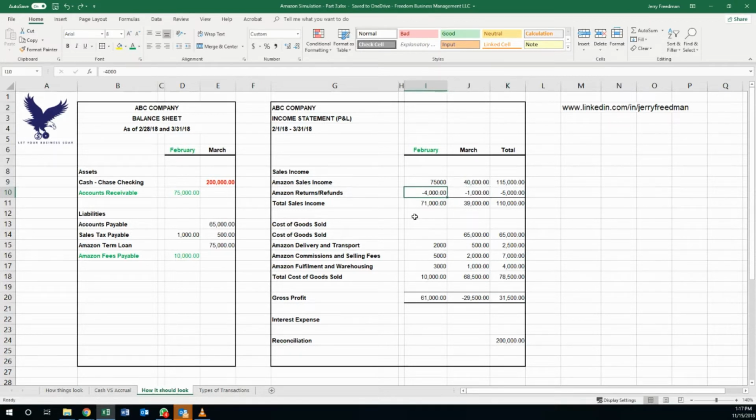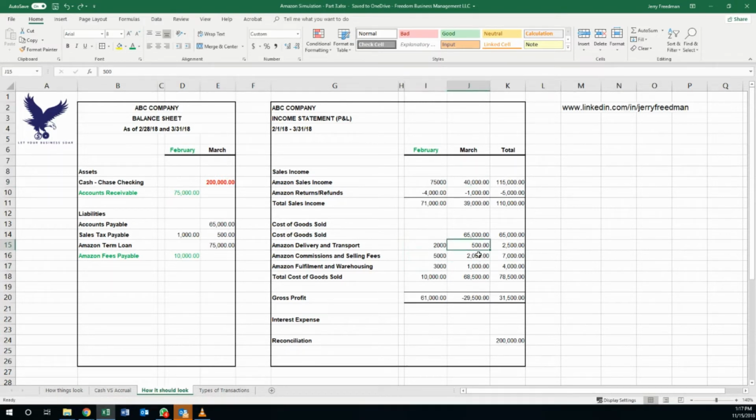So when the revenue was earned, when the expenses were incurred. So now we had $75,000 in Amazon sales income in February and $40,000 in March, totaling $115,000, and so on and so forth. As you can see with Amazon returns and refunds, and so as with the Amazon fees as well.